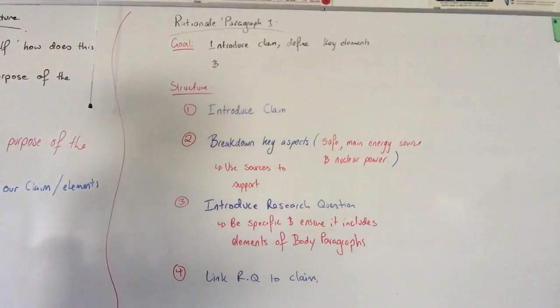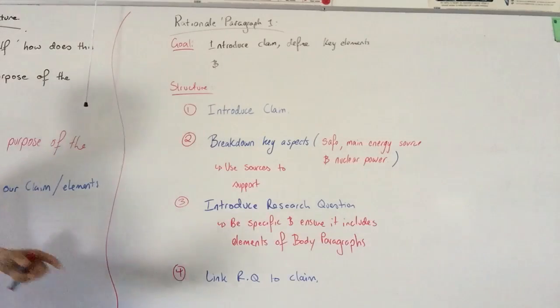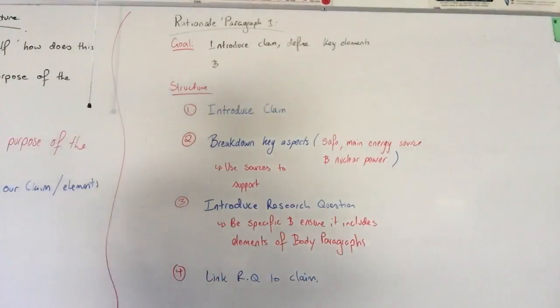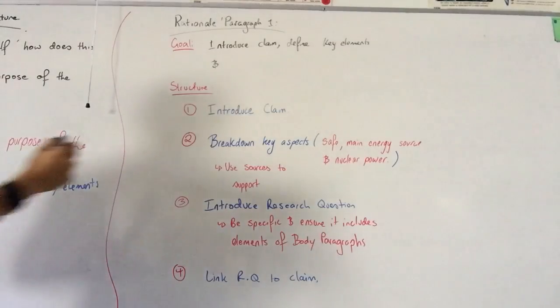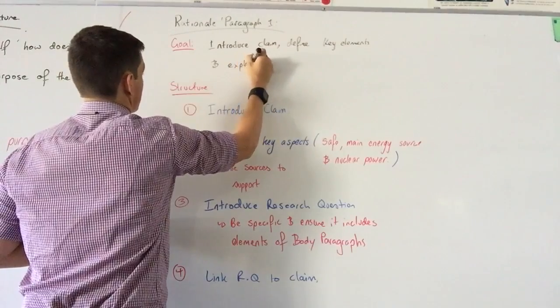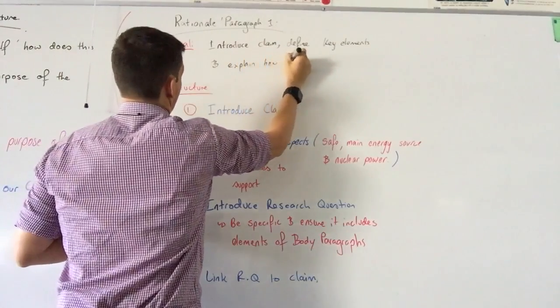Why did you create your research question, gentlemen? To elaborate on the claim. Elaborate on the claim and show how you intend to prove or disprove your theory. So introduce claim, define the key elements and explain how you will.